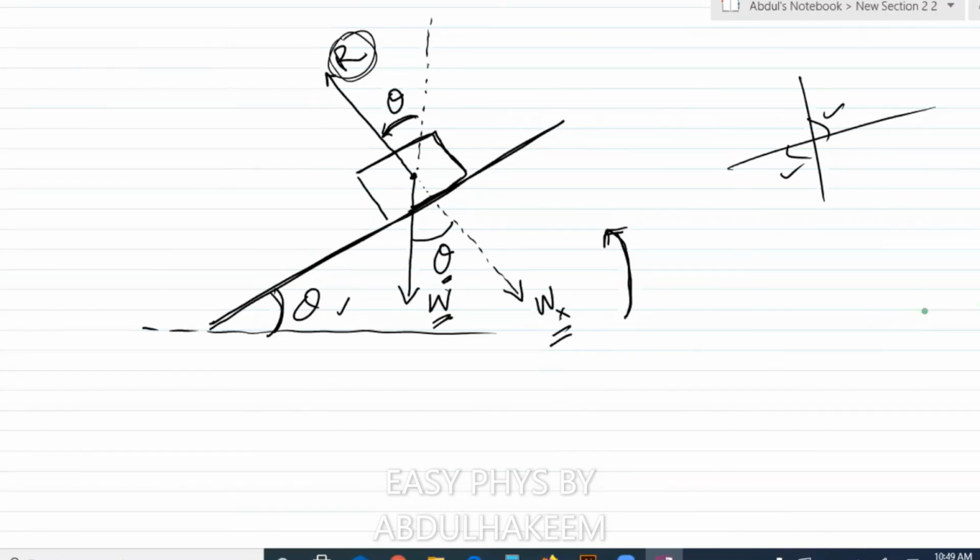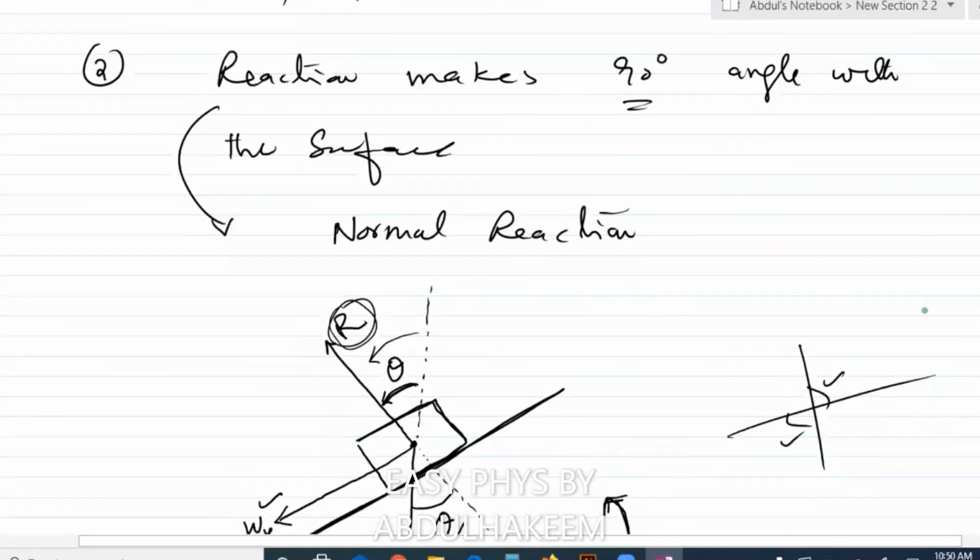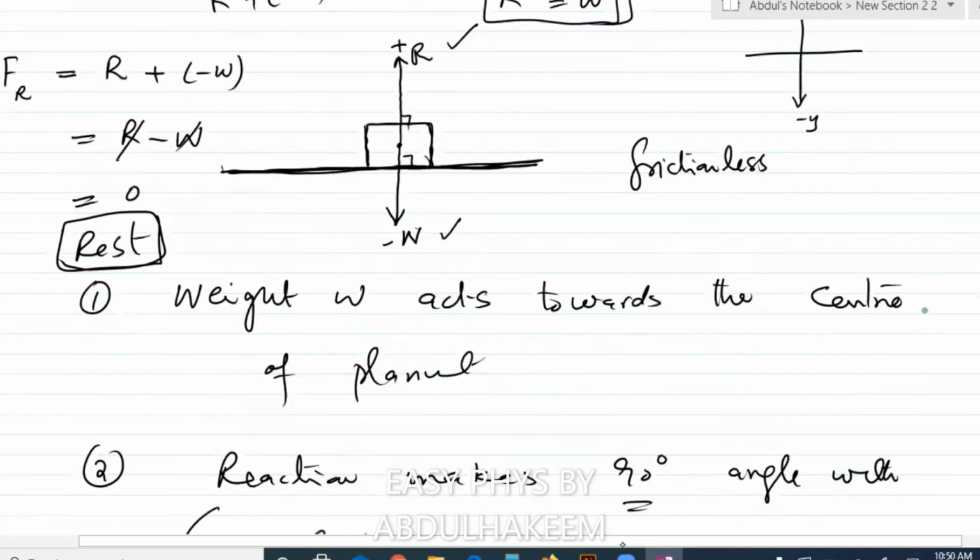The line adjacent to the angle is the x component. I repeat, when this slope is tilted by angle theta, this R is also tilted by angle theta. When this R line is extended behind, the line adjacent to the angle theta is WX, and this is the Y component of the weight. Reason: the WY and the WX are perpendicular to each other.